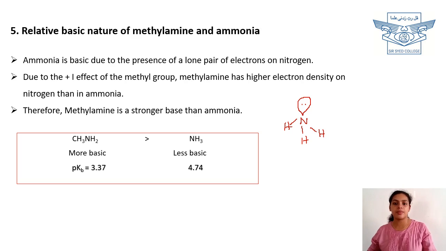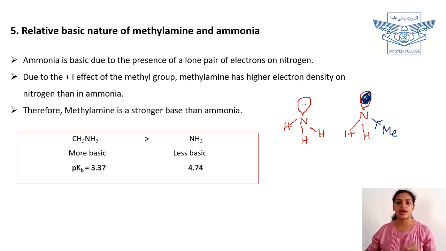Now you can compare this ammonia with methylamine, that is the same nitrogen here and the same lone pair here, hydrogen, and we have replaced one hydrogen with a methyl group. Now what happens? As the methyl group has a plus I effect, that will push its electrons towards this nitrogen, and therefore there will be increased electron density in the lone pair when compared to ammonia.